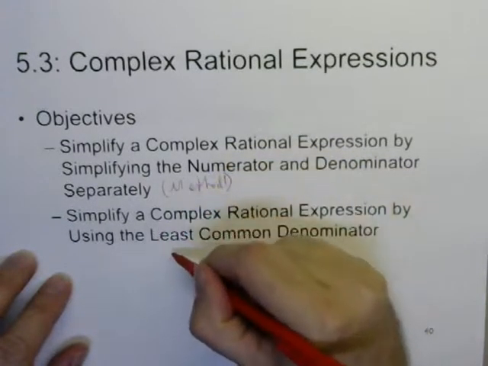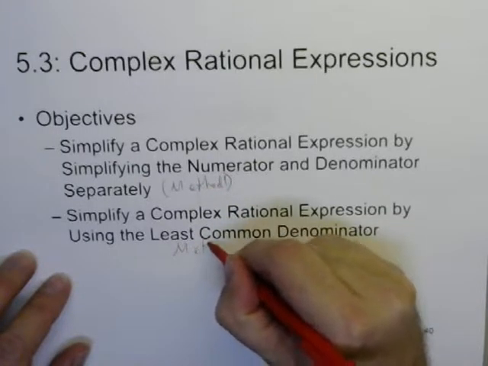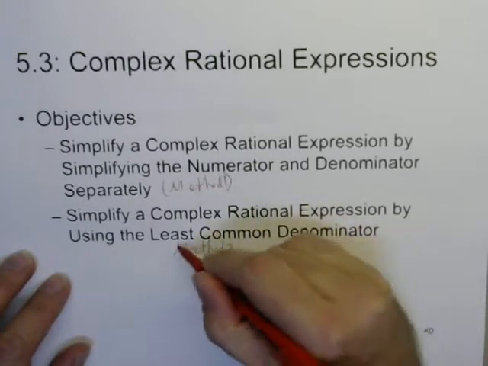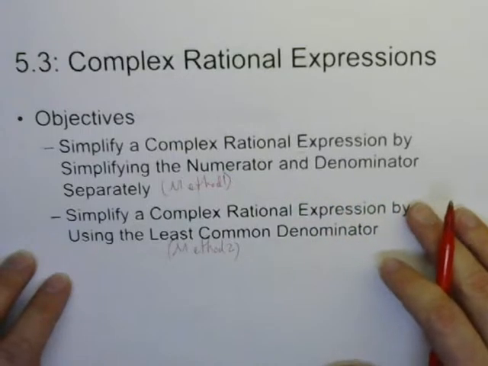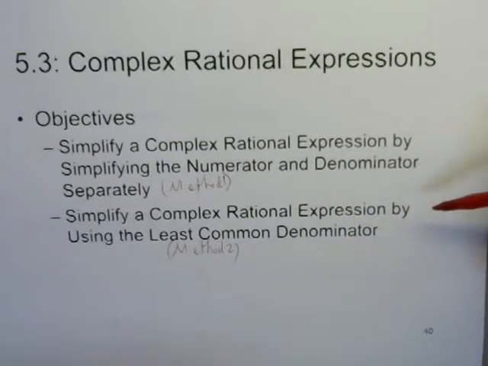And then there'll be another method which is sometimes called method 2. I don't really care which method you call which, but for the second method, you try to find the least common denominator of all the fractions within the big fraction, and then you multiply the numerator and denominator by that common denominator.